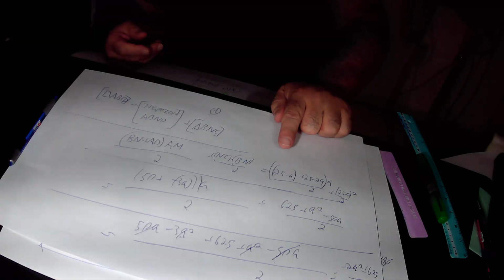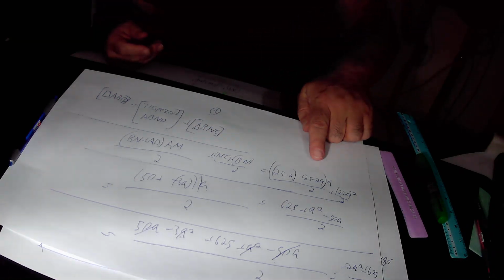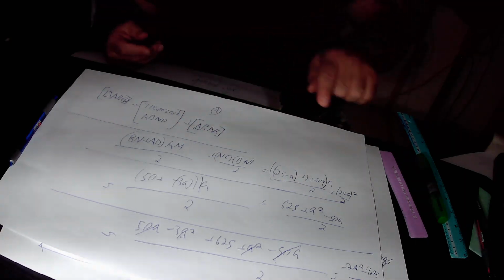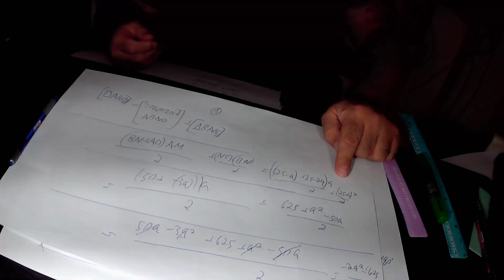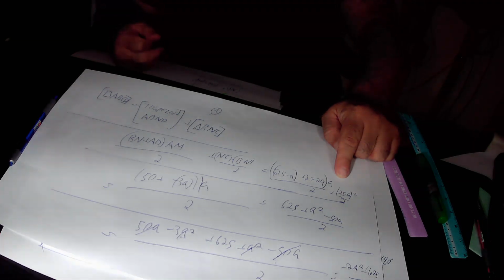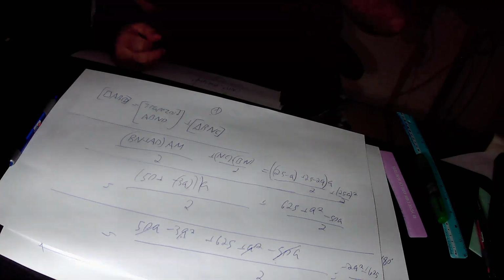So here we have 25 plus 25 is 50. Minus A minus 2A is minus 3A, times A, divided by 2. Here we have 25 minus A squared, which is 25 squared, that is 625, plus A squared minus 2 times 25 times A, that is minus 50A, divided by 2.